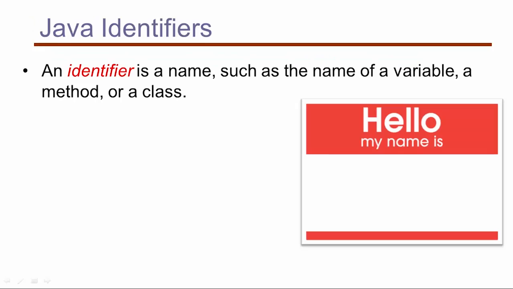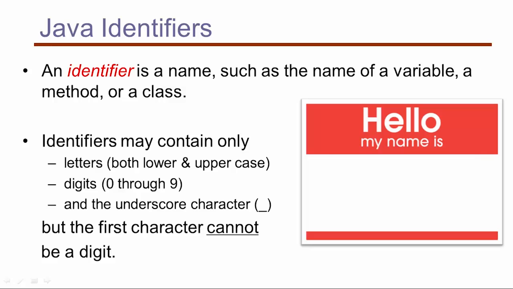In Java, an identifier is a name that we give to a variable. We also use identifiers to give names to other things we will see later, such as methods and classes. Java requires that identifiers be constructed from a sequence of characters containing only letters, digits, and the underscore character, and they cannot start with a digit.